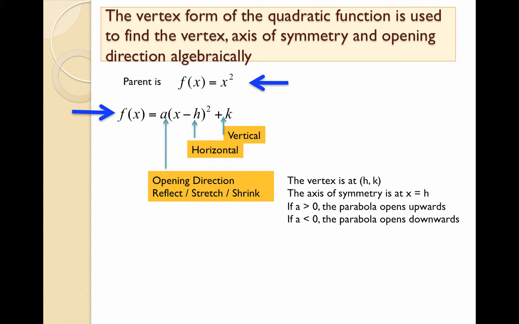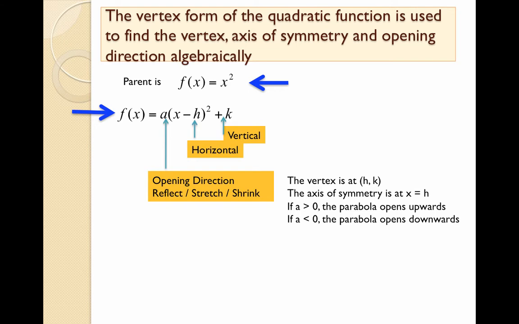So looking at our vertex form and thinking about what you learned about how to decipher translations, you can see that the h gives us our horizontal translation. So that's going to tell us how many units we're moving from the left or right. And k gives us our vertical translation.